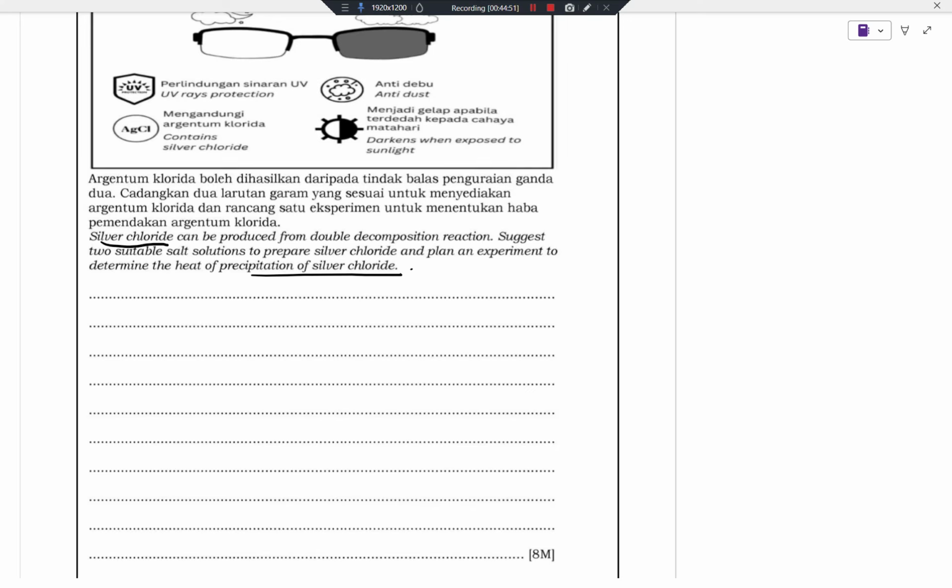Okay, first, this is with a polystyrene cup. We are going to find the heat of precipitation of silver chloride. Silver chloride is an insoluble salt. Remember that.